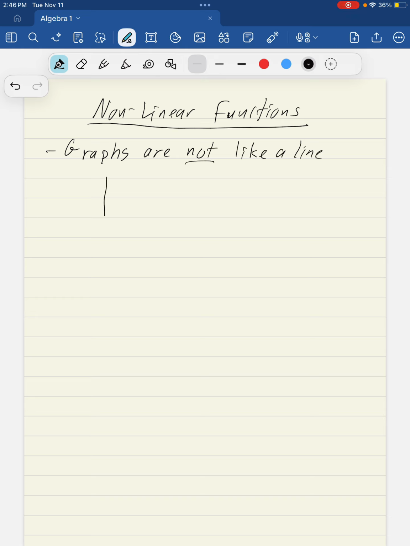So if we've got our little xy axis right here, a graph that bounces like that is not a line. It is a function, but it's a nonlinear function.